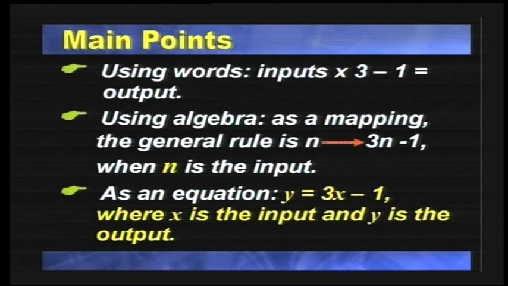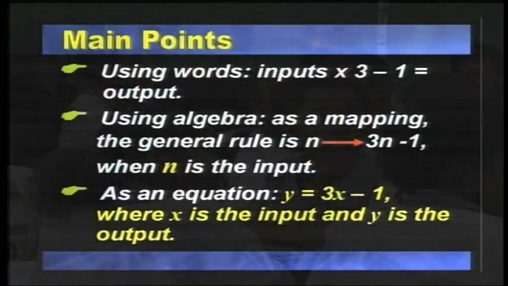You have the inputs times. The numbers in that first point are just an example that will be shown on the chart. Using words, you have inputs times 3 minus 1 equals the output. That is one way of writing your function rule.